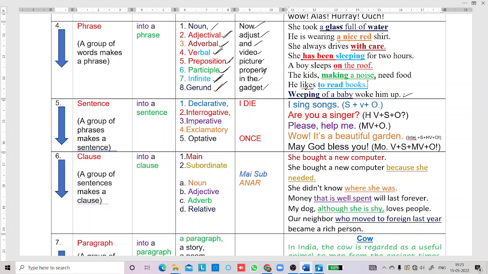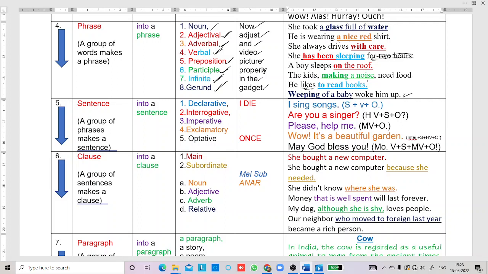Now if you see here, for 2 hours is an adverbial phrase. Has been sleeping is a verbal phrase, and a pronoun is there. This kind of sentence formation is called a sentence. So a group of phrases can be a sentence.